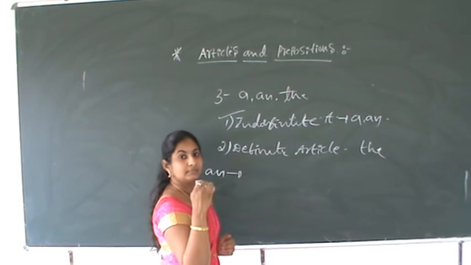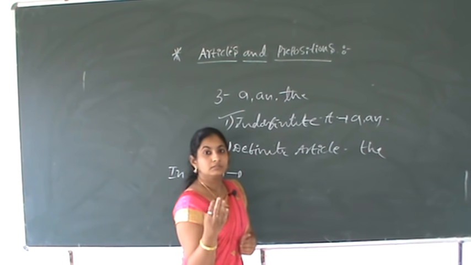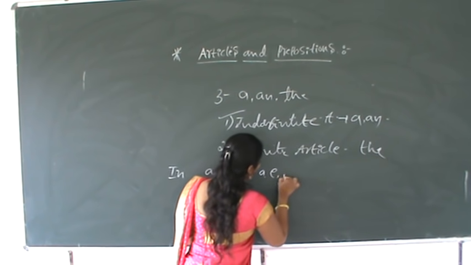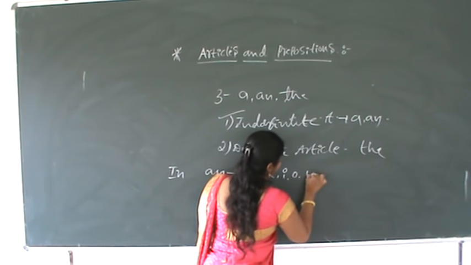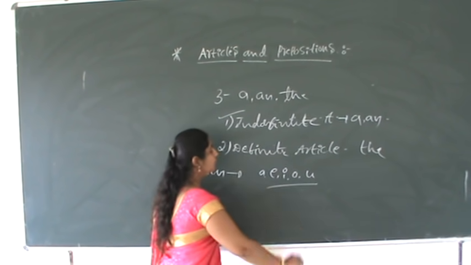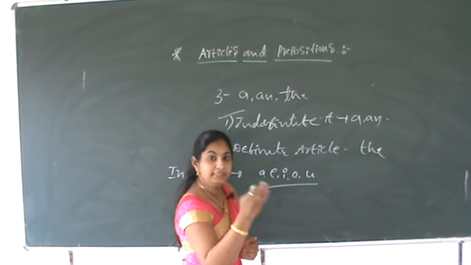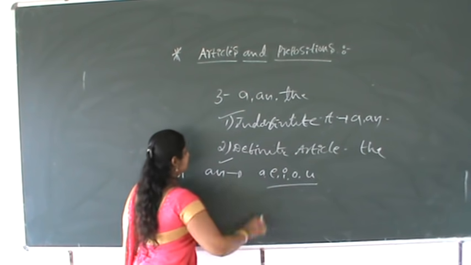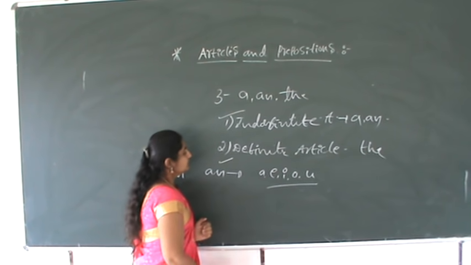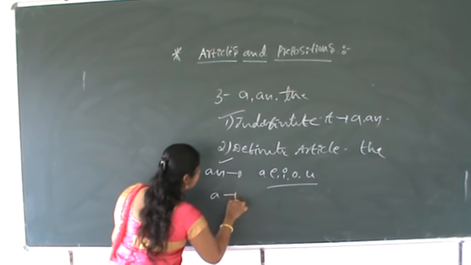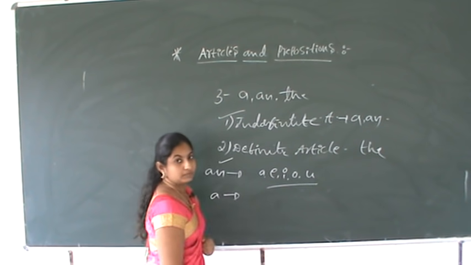For example, in English we can call five important vowels: a, e, i, o and u. Before such vowel words, we use the indefinite article an.